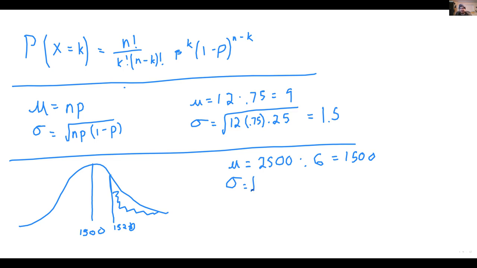That's the square root of 2,500 times 0.6, that's P, times 1 minus P, 1 minus 0.6 is 0.4. And I get 24.49.